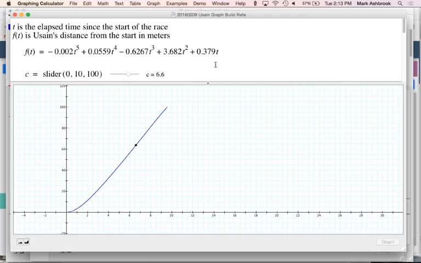Okay. So what's the first thing we should do? I heard a lot of you say it. If I want to figure out what his rate of change of distance with respect to time is at this moment, what should I do? I need to zoom in, right?